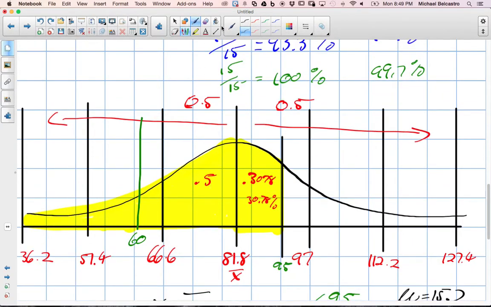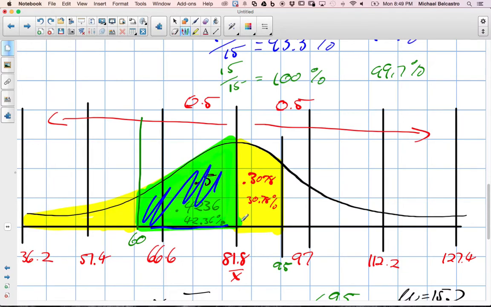What this has just measured is the area between this number and the mean. So it just measured all of this. Okay. And it just measured it at, what was it again? 0.4236. In other words, 42.36%. Okay, so it just said that there's 42.36% or that much area between here.